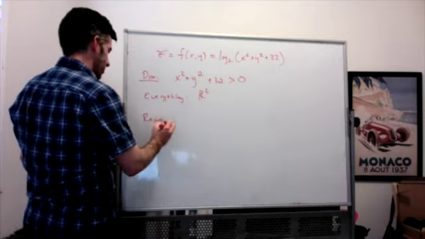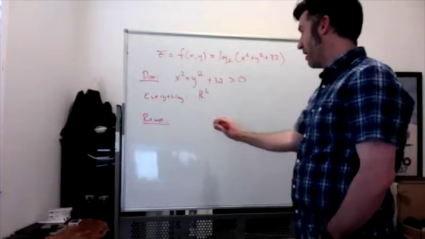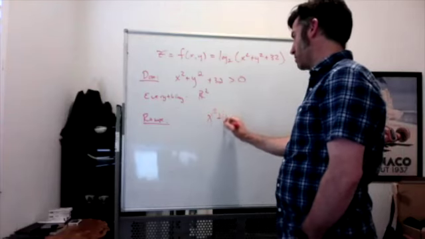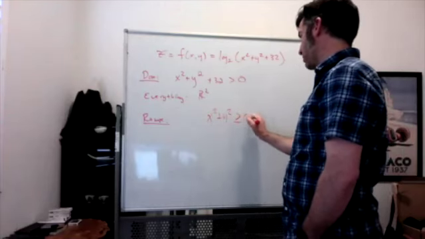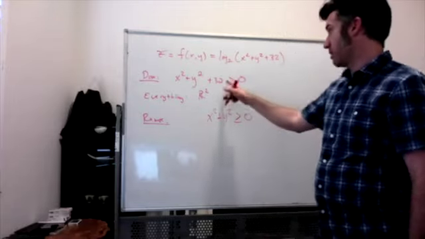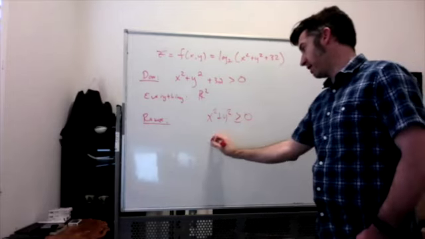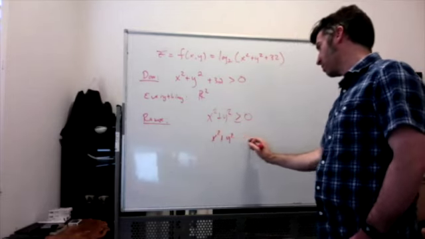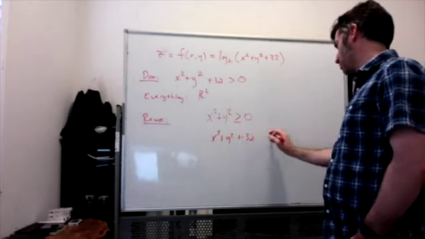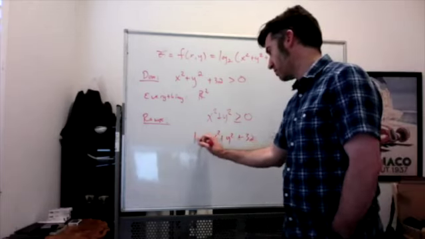Range. Well, here's what we know. I know that x squared plus y squared is definitely greater than or equal to 0, always. Then I'm going to make this look like that. So x squared plus y squared plus 32 is greater than or equal to 32. And then take the log base 2 of both sides.